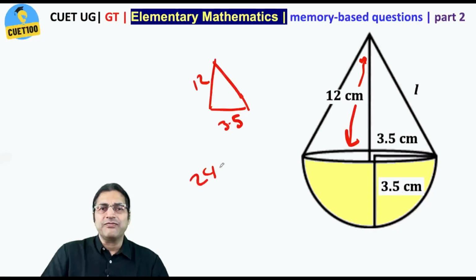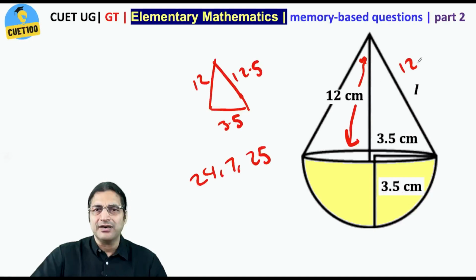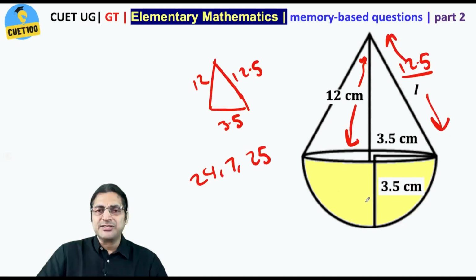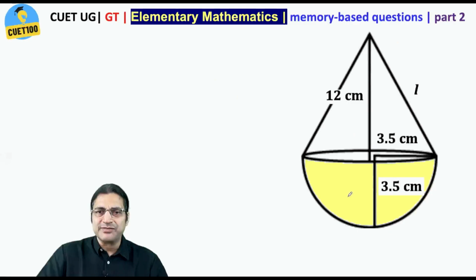Hey, 24, 7 and 25 is a Pythagorean triplet. So, if this is 12, this is 3.5, this has got to be 12.5. So, here this is 12.5. Okay, all right. And this is the hemisphere with radius 7/2. So, let us get going. What will be the surface area of this hemisphere?